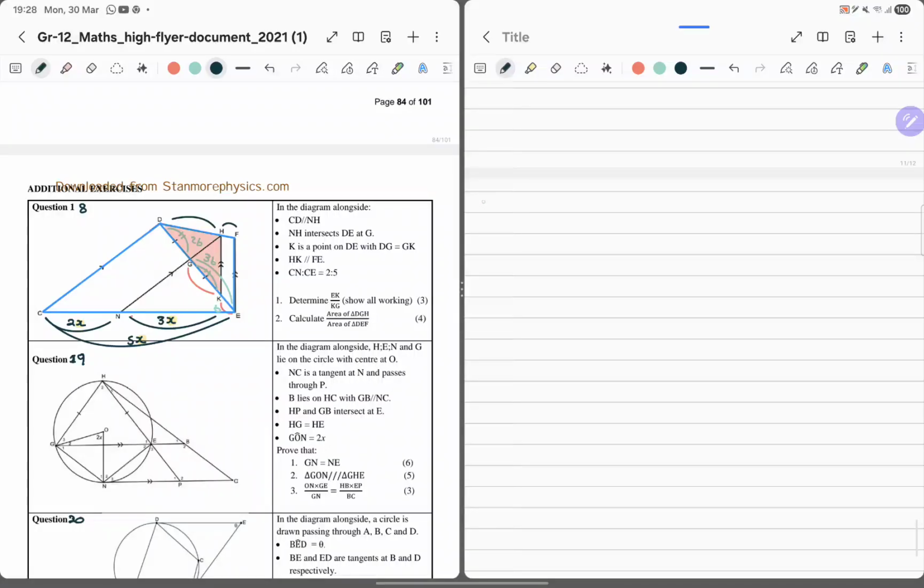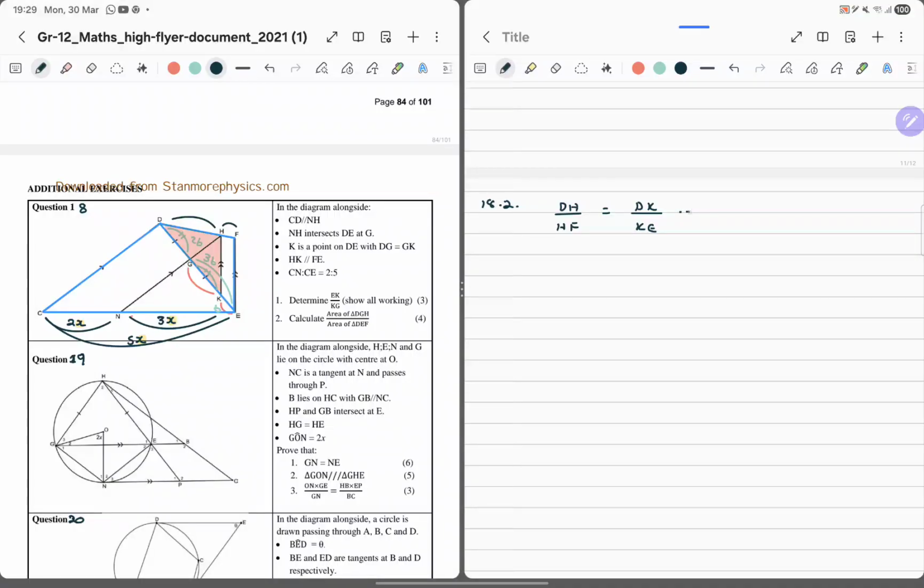Okay, so we have 18.2. Now with 18.2, we want to start by saying DH over HF is going to be equal to essentially DK over KE.